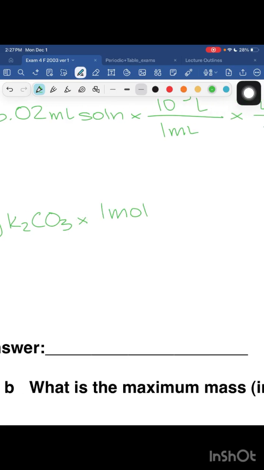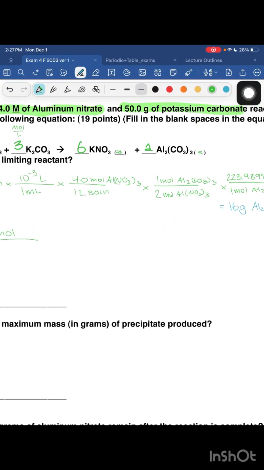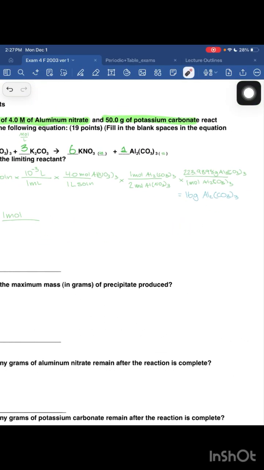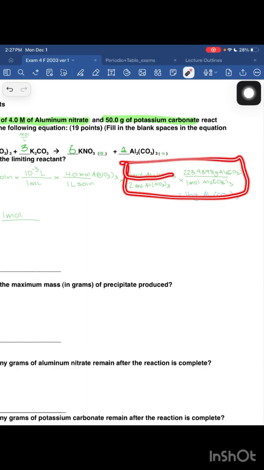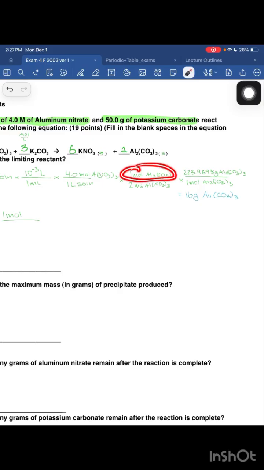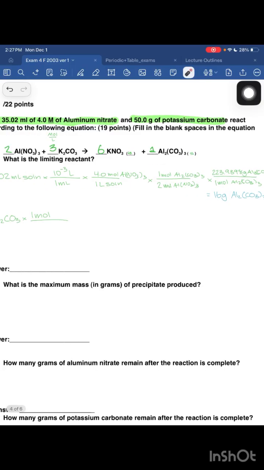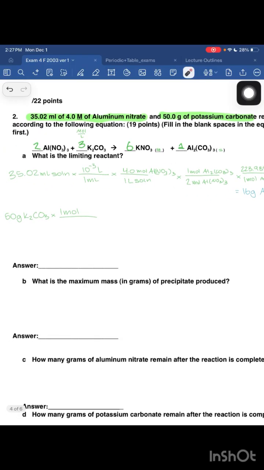We got to get that into moles to follow the steps above. From here on, it's basically the exact same. So we need to find a way to get to moles of the potassium carbonate so we can continue this process.